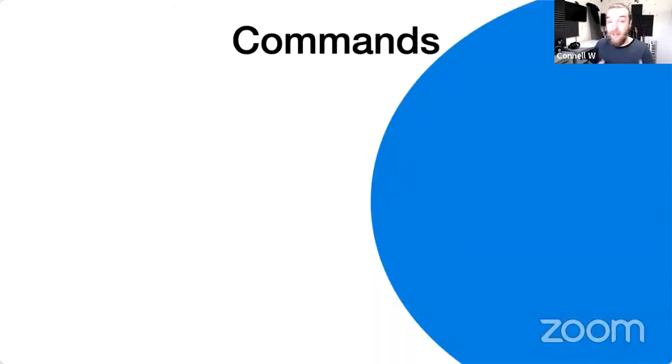So the command's task-based. I'm going to do another sequence-ish diagram where my blue on the left-hand side is the application layer. And from outside of the application layer, we're going to verb something. Verb something is what your command's going to usually look like. Examples are take a payment, register a user.